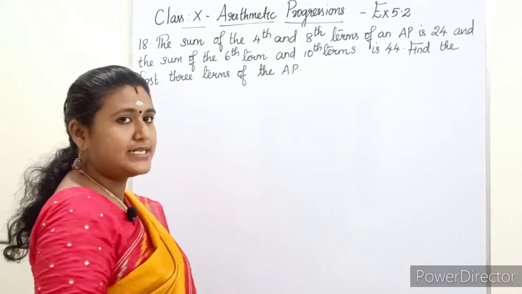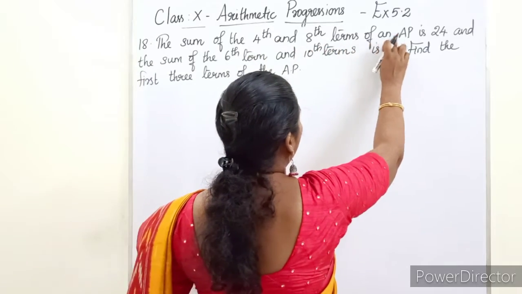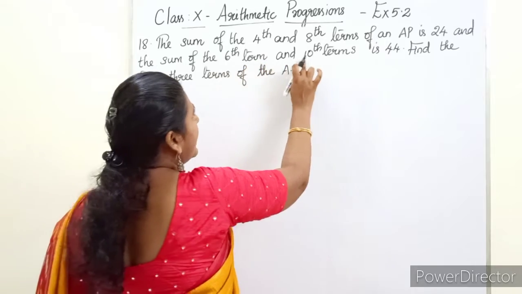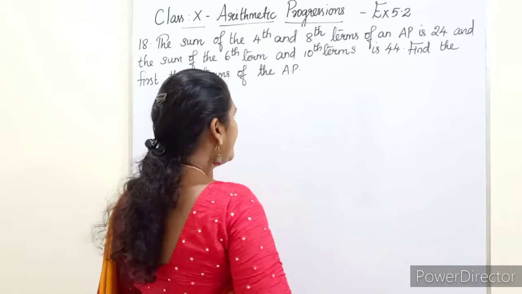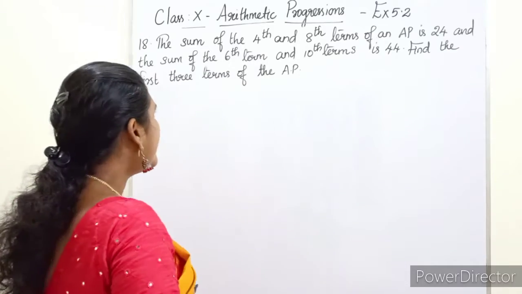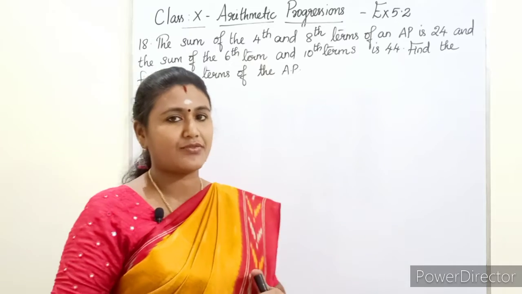So question number 18. The sum of the 4th and 8th terms of an AP is 24, and the sum of the 6th term and the 10th terms is 44. Find the first 3 terms of the AP.